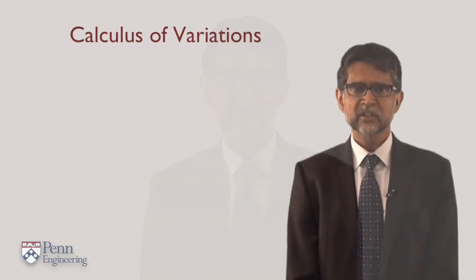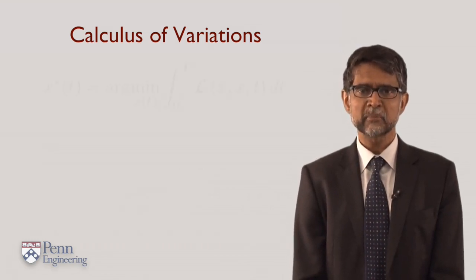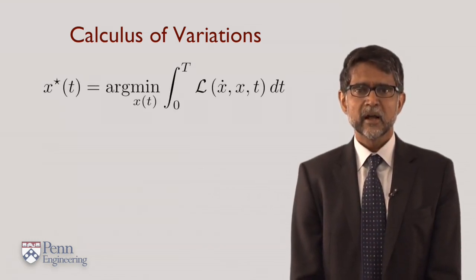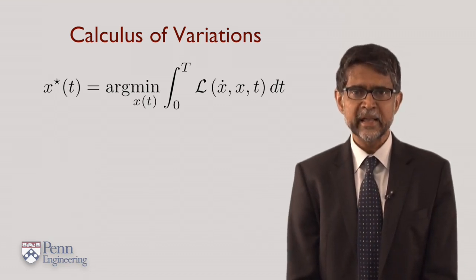To solve this problem, we want to use tools from calculus of variations. Calculus of variations refers to a body of literature in mathematics that deals with a very simple problem. In this equation, you're trying to minimize an integral.